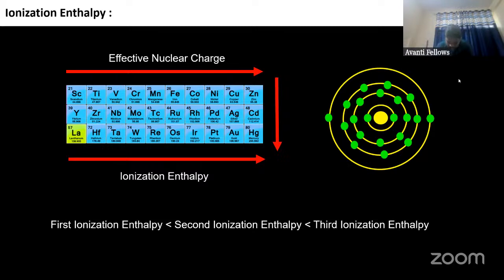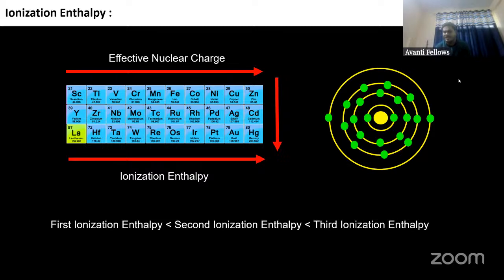Now, if we talk about the first, second and third ionization enthalpy, we all know what the first, second, and third are. If we know the order, the third ionization enthalpy is obviously the highest, then comes the second, and the lowest is the first. The amount of energy required to remove the third electron is very much more difficult as compared to the second and first electron.